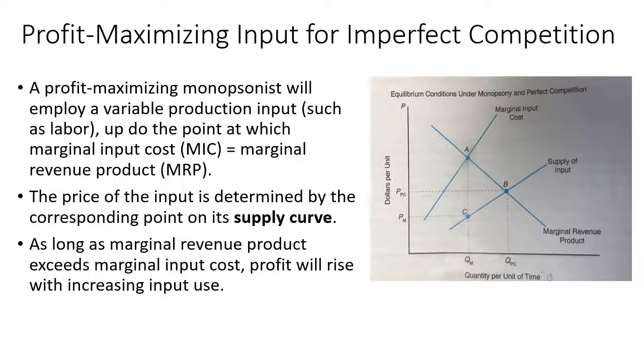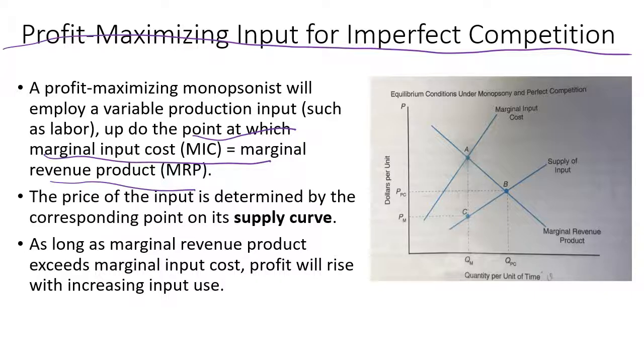So in order to find the profit maximizing input level for imperfect competition, we need to look at the point where marginal input cost equals marginal revenue product. So here's our marginal input cost, here's our marginal revenue product.